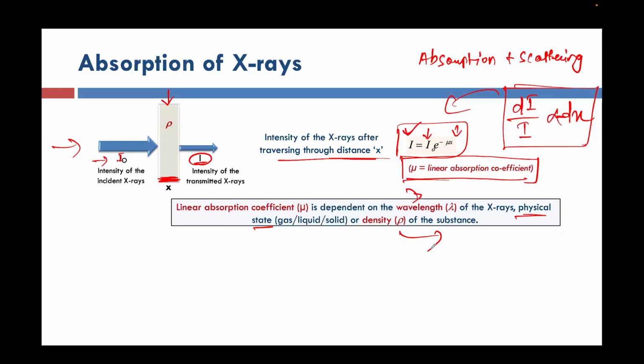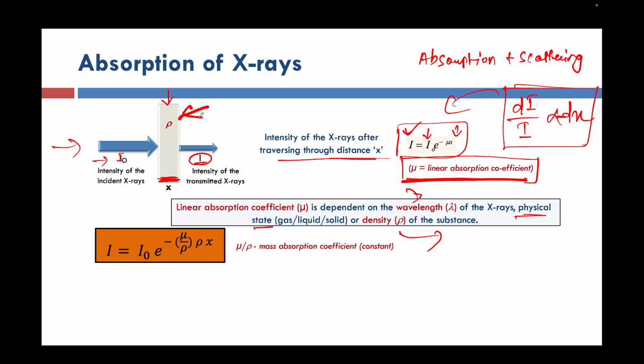Since it is directly proportional to the density, instead of using the linear absorption coefficient, we have introduced another term called mu by rho, which is called the mass absorption coefficient. This is a constant term.